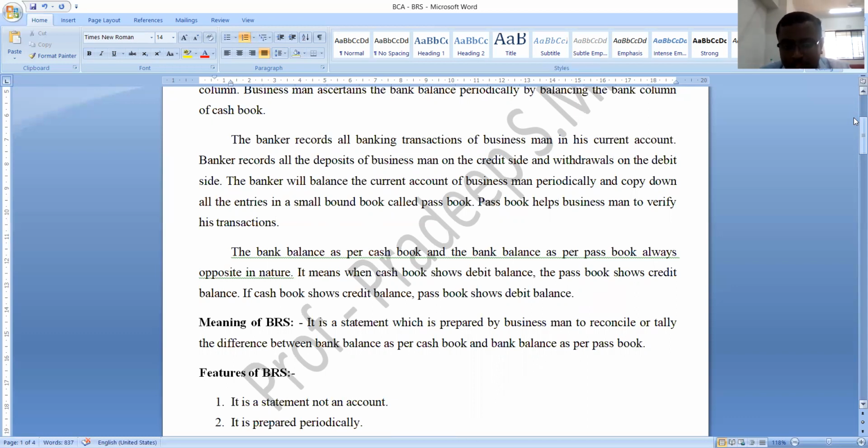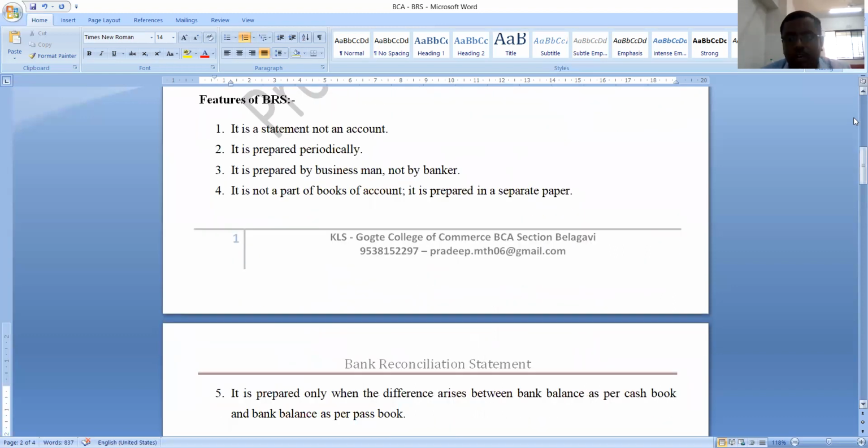So it is prepared by businessmen when there is a difference in cash book balance and passbook balance, to understand the reasons causing the difference between the bank balance as per cash book and the bank balance as per passbook. So that is the meaning of bank reconciliation statement.